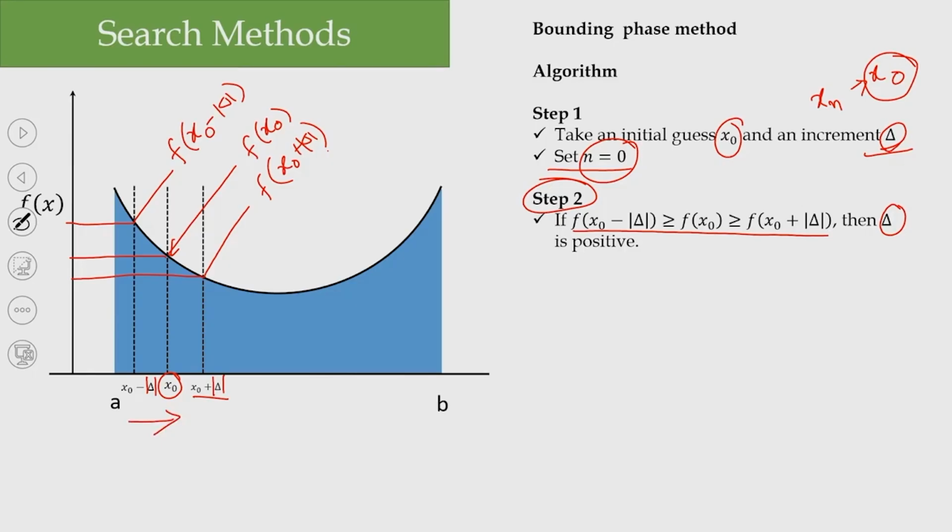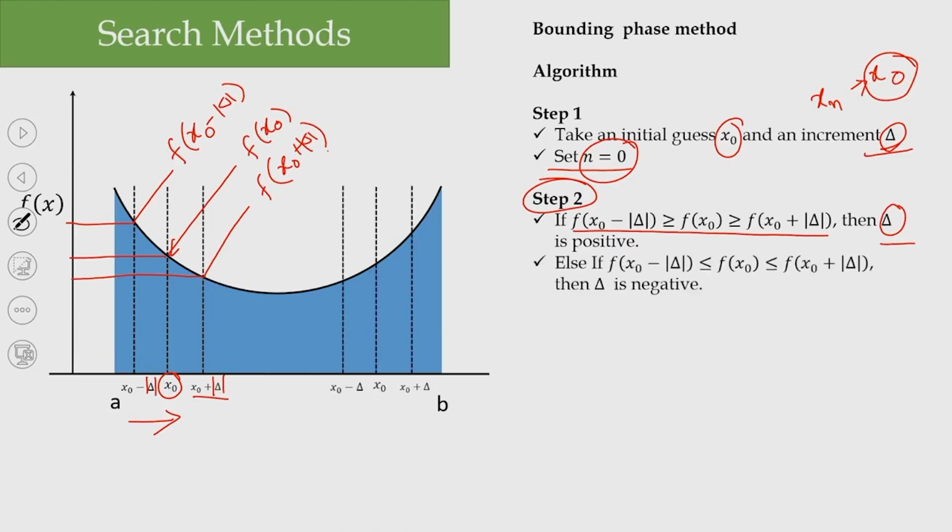So, we are just checking whether delta is positive or negative. In step 2, if this condition is true, that means delta is positive. Now, suppose this is my x naught, and this is x naught minus absolute value of delta, and this is x naught plus delta.